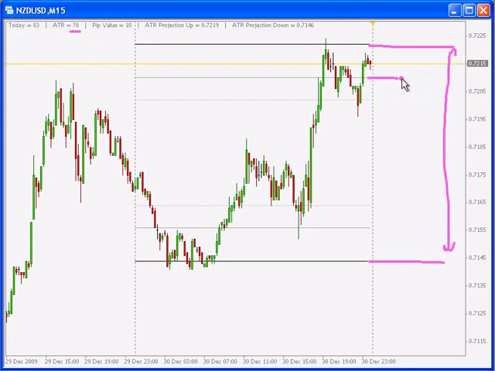This is the 70% ADR bands, 70% of 78 pips. And here is 50% of the average daily range. If I am not mistaken, 50% of 78 is 39, correct? Yeah, 39 pips. That's exactly the distance between these two bands.